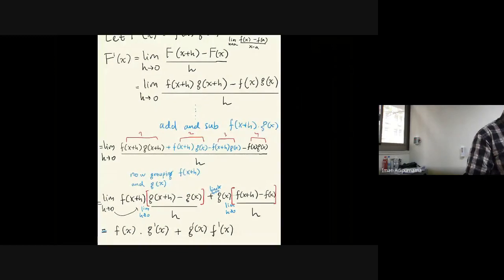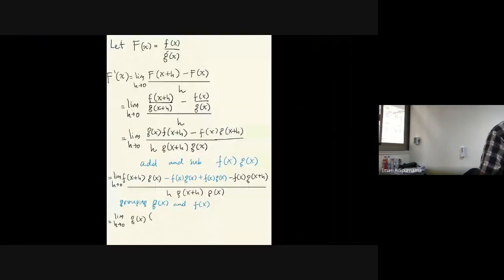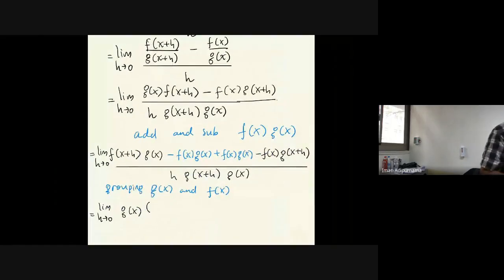Okay, and I believe we are still writing the quotient rule. This is just a review of last week. So our quotient rule. We are still grouping this part, and we are looking for the other minus. So this minus here, because this is g(x), this is g(x), this is plus, this is negative. Let's combine these two together.